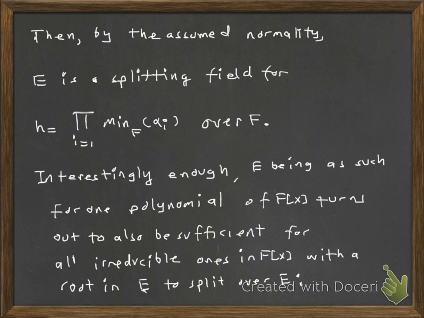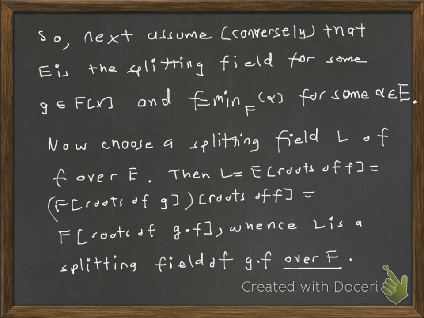Let us see this. So we are assuming E is a splitting field for some polynomial, doesn't have to be anything specific, and you take a minimal polynomial of an element alpha in E and call it f.